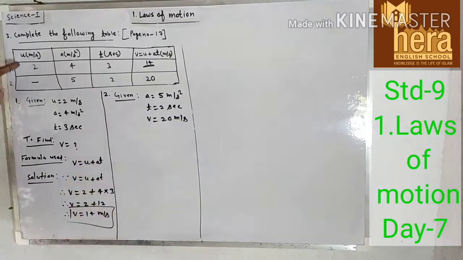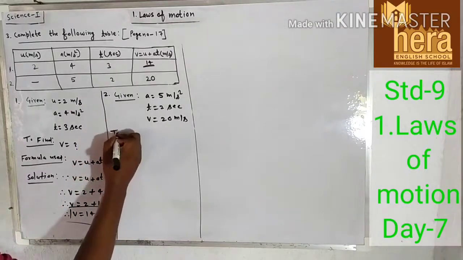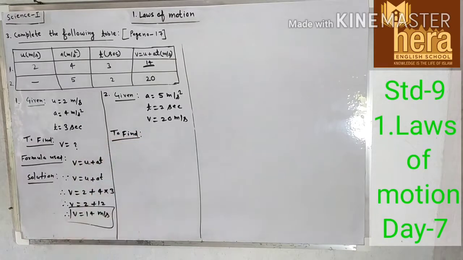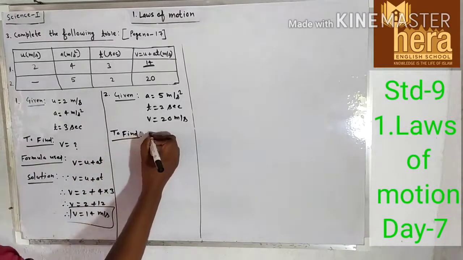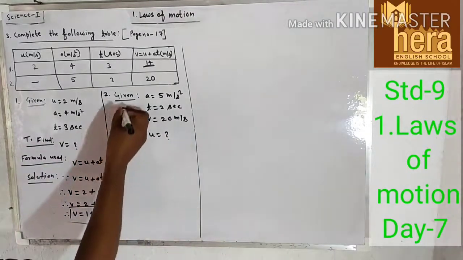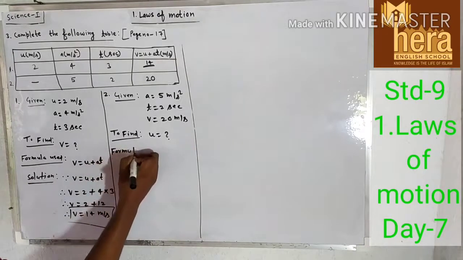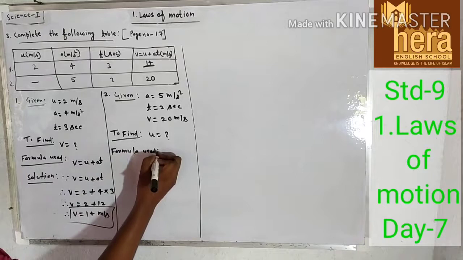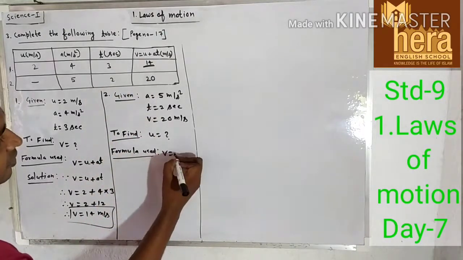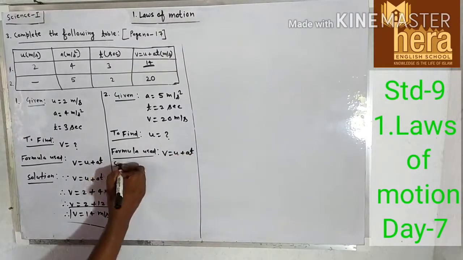Given to find, here we have to find the value of U. U is equal to question mark. Then formula used again: V is equal to U plus AT. Then solution.